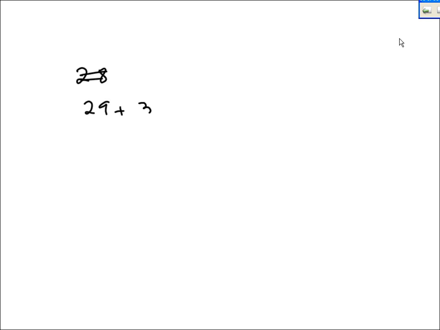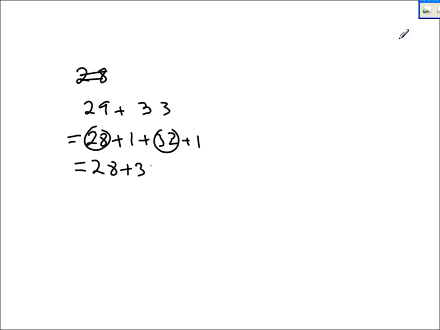29 plus 33 even? Well, 29 is 28 plus 1, and 33 is 32 plus 1. So you basically have 28 plus 32 plus 2. And I'll assume that we agree when you add even numbers, you get an even number. Can you see it?